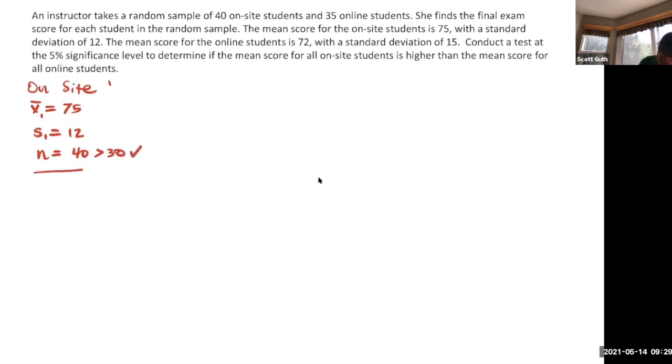Okay, then online, and this is N1. So online students, X bar 2 is 72. S2 is 15. N2, the sample size, is up here, it's 35.